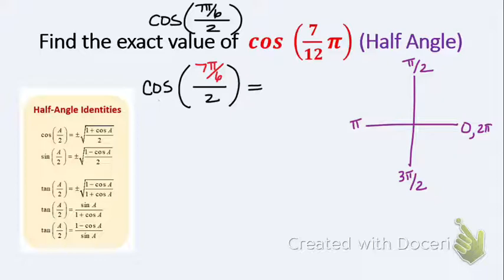Because it's less than 1, I know that I'm not in quadrant 3 or 4. Now what you have to figure out is whether 7 over 12 is more than 1/2 or less than 1/2. It would fall in quadrant 2 because half would be 6 over 12, right? 6 pi over 12 would be half.